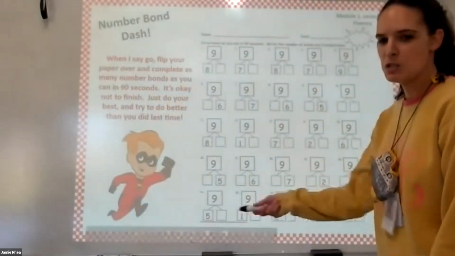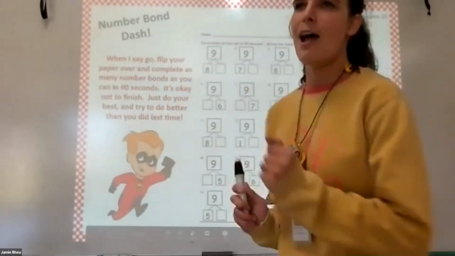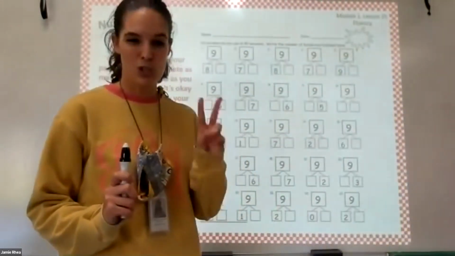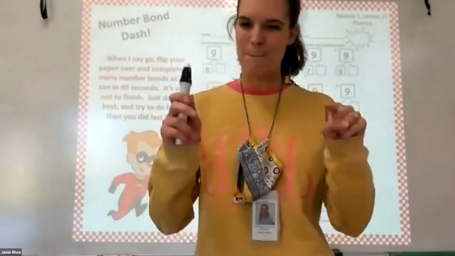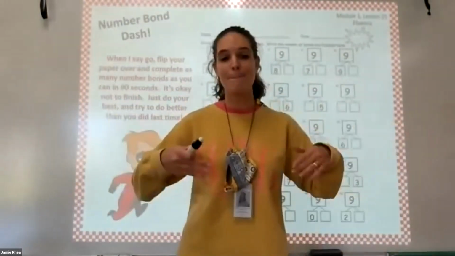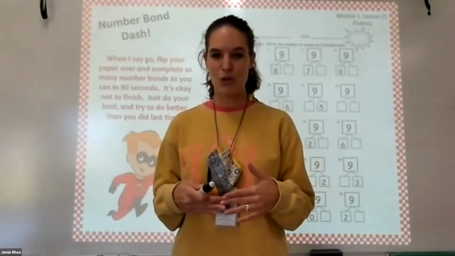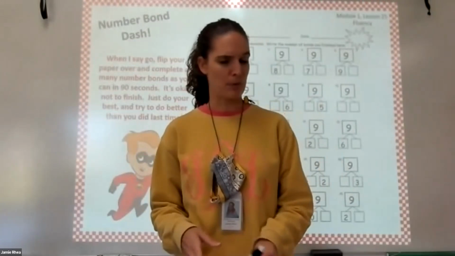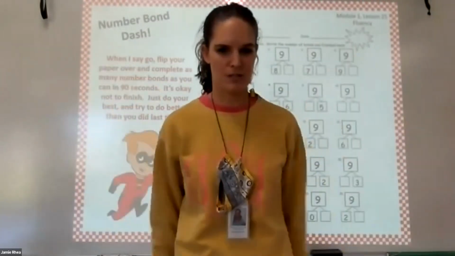There's my friend Dash. We're going to see how fast we can do it, just like Dash. You're going to set your timer for 2 minutes. See how many of these you can get done in 2 minutes. Pause this video, then you can come back to me, and then we will keep going, all right? So I'm going to pause my video to get ready for the application problem. You're going to pause your video to do your number bond dash. See you in a flash.